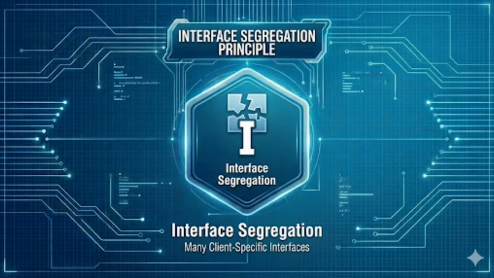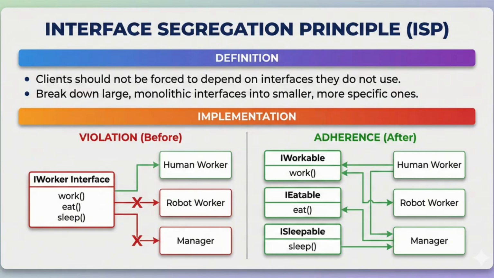Let's begin. Now let's understand the official definition of the interface segregation principle. The interface segregation principle states that no client should be forced to depend on interfaces it does not use. In simple words, an interface should not be big and overloaded with many unrelated methods. Instead of one fat interface, we should create multiple small, focused, and meaningful interfaces.